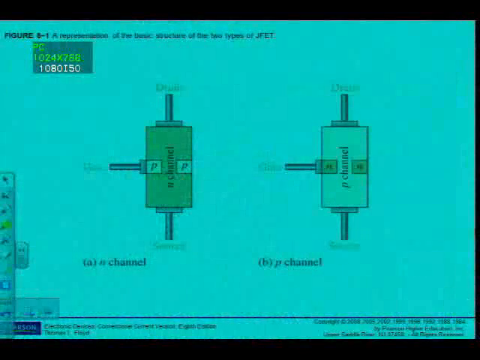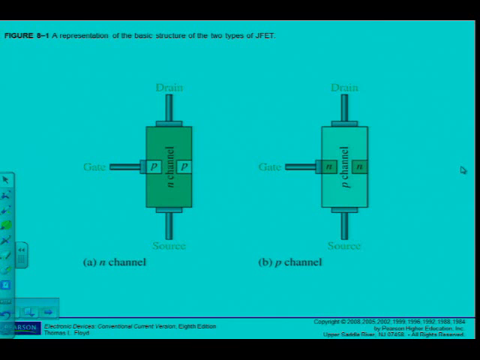Now, if we go and look at figure 8.1, basic structure of the device, the same as we have seen with the BJT. Also a 3-terminal device, but the construction is different. I can see now I have also two types, N-channel and P-channel. I can see this is the N-channel.